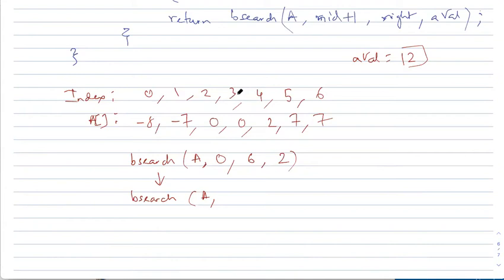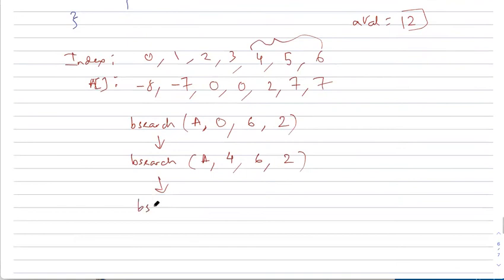So we are looking at 4 to 6, in the range of 4 to 6, because it has to look in the A only, right? So it cannot change it to anything else. Then we looked for B search. We found that the midpoint is 5, correct? And then it is calling on 4 to 4, 5 minus 1, right? Looking for 2.